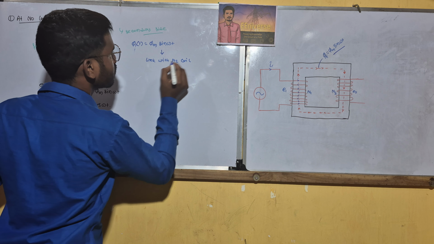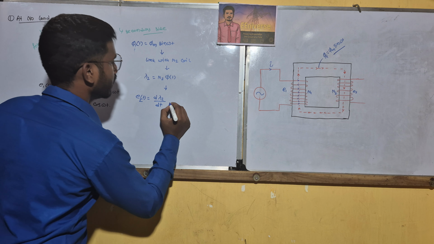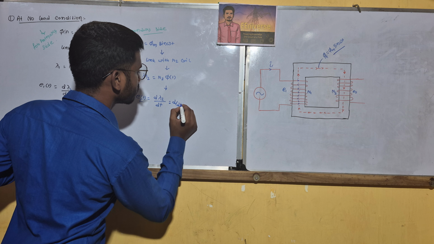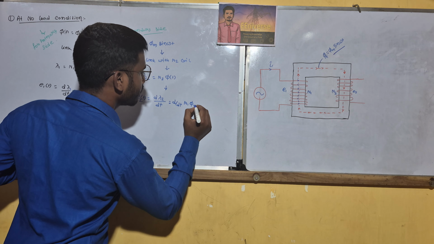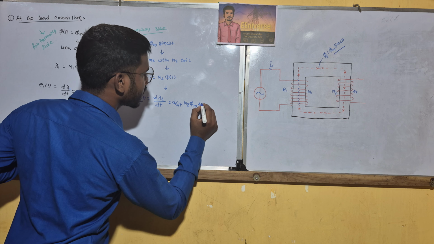Due to that, in the secondary side EMF is also induced, that is denoted by E2 equals d lambda 2 by dt equals d/dt of N2 phi m sin omega t equals N2 phi m cos omega t.